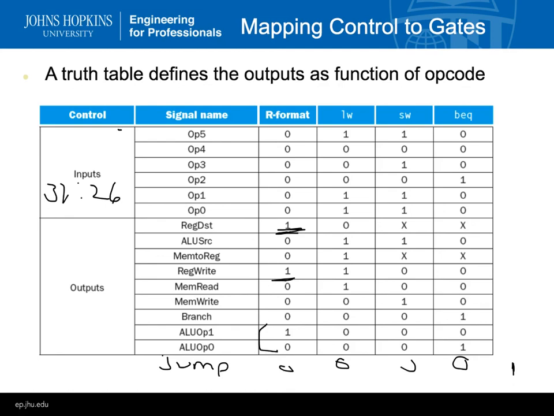If it's a load word, we're saying use that bottom value as ALU source. We're going to go from memory to a register, and we're writing a register again. We're reading from memory. If it's a store word, again, that bottom input, and we're going to write to memory. If it's a branch on equal, it's a branch. Send 01 in as ALU op.